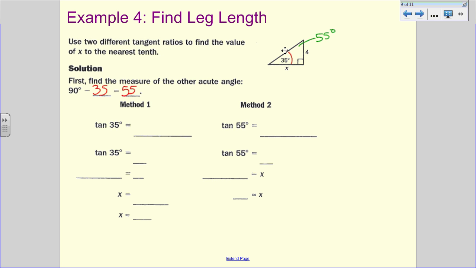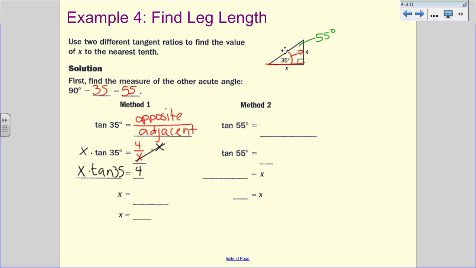So we're going to write the tangent of 35 degrees. I'm going to do this one first. This is opposite over adjacent. So the tangent of 35 degrees is 4 over x, opposite over adjacent. I'm going to multiply each side by x. So I get x times the tangent of 35 is equal to 4.